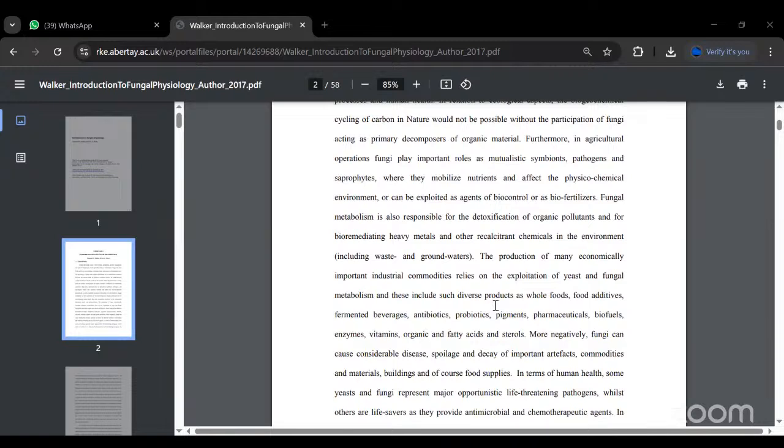These include such products as whole foods, food additives, fermented beverages, antibiotics, probiotics, pigments, pharmaceuticals, biofuels, enzymes, vitamins, organic and fatty acids, and sterols.